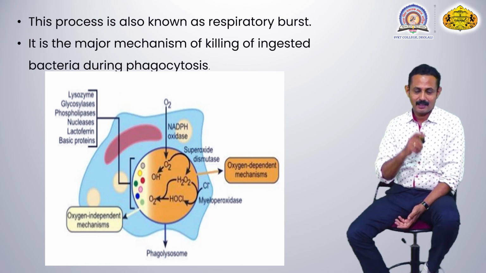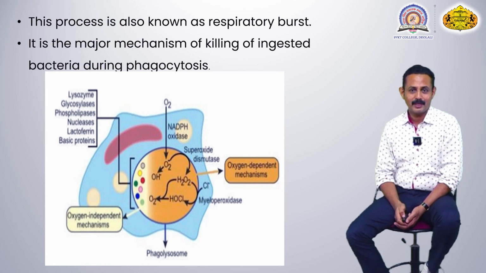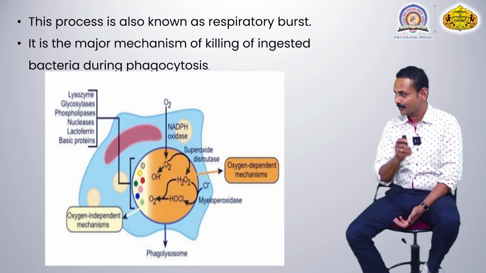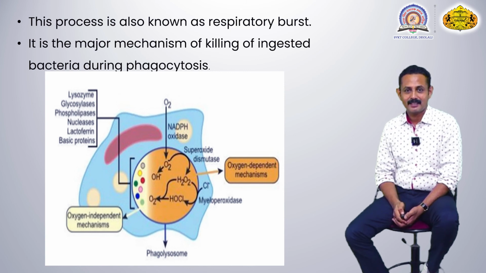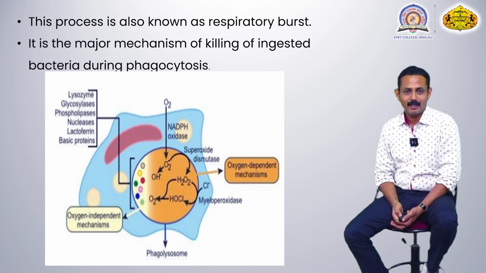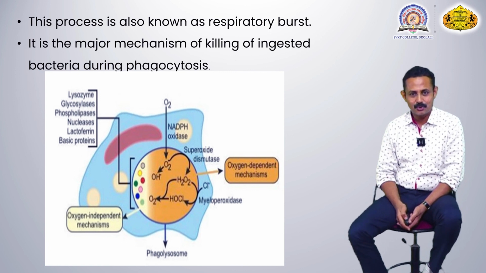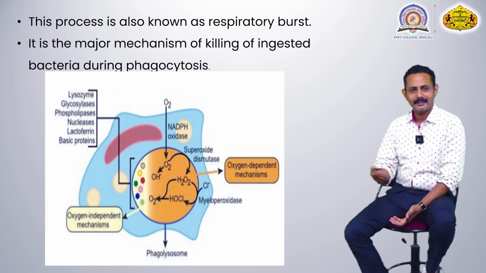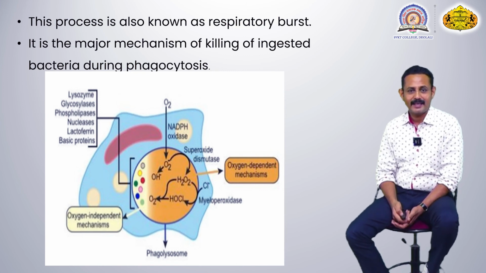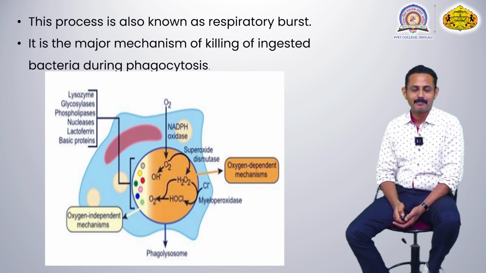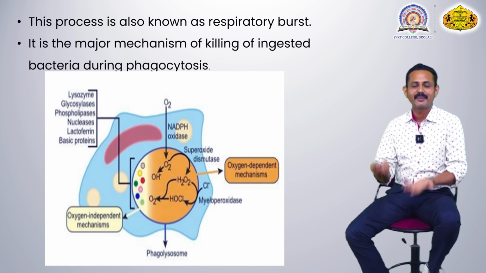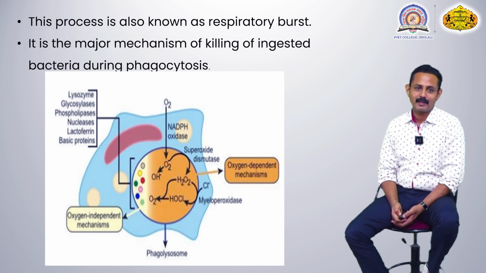Inside the cell, this yellow color is a phagolysosome. You can call the granules are there here. So, oxygen is diffusing from outside to inside, and the enzyme NADPH oxidase is working for the process here, and that oxygen, when combined with hydrogen, produces hydroxyl radicals, then H2O2, hypochlorides or other superoxides, and these combine with the cell and carry out different destructive mechanisms in this way.